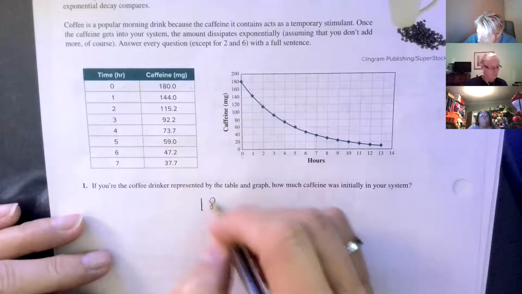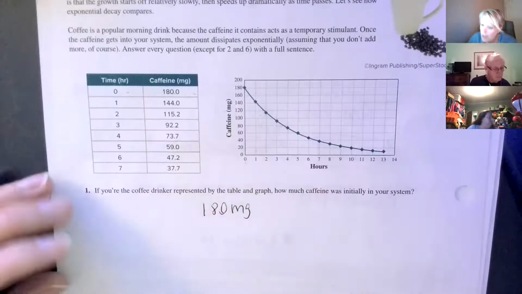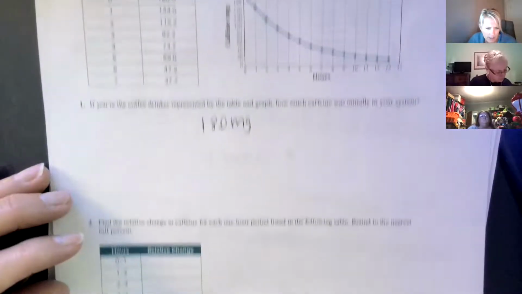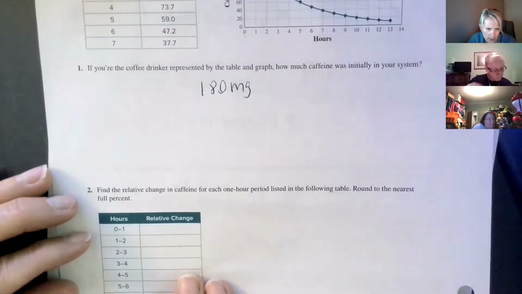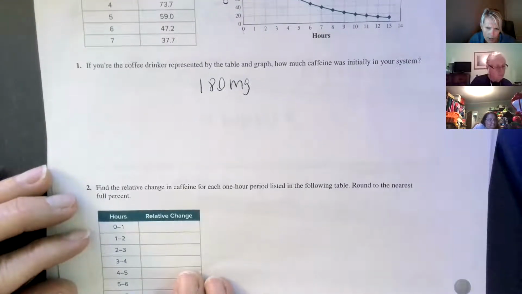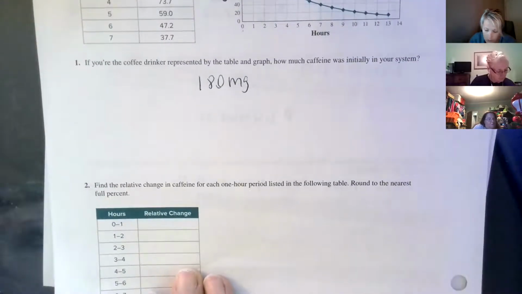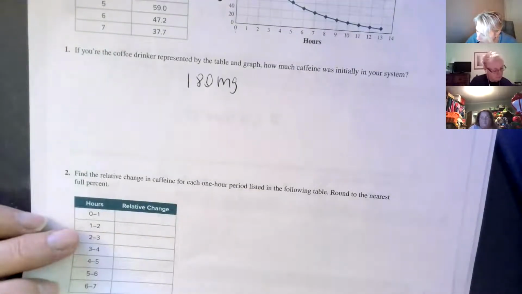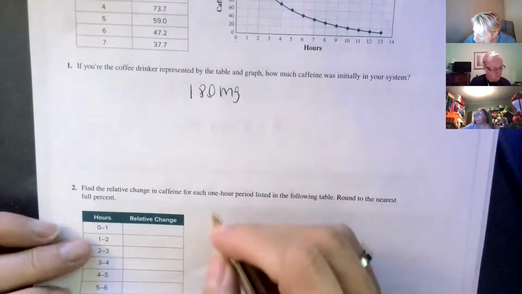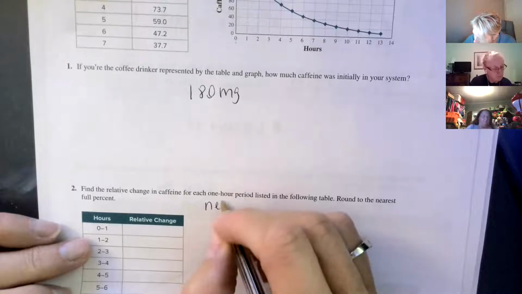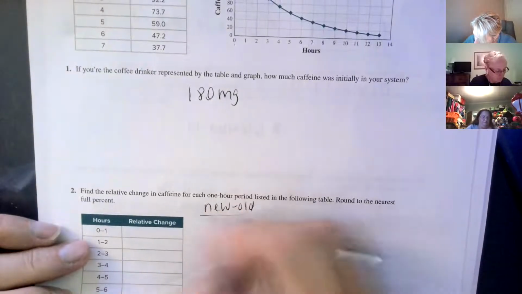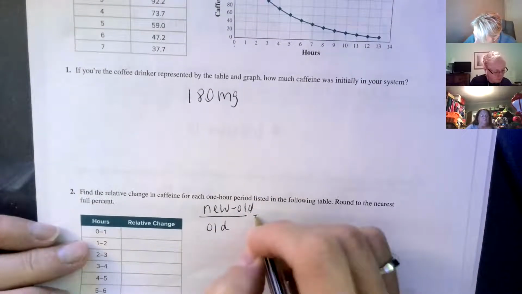So 180 milligrams. And then it says, find the relative change in caffeine for each 1 hour period listed in the following table, round to the nearest full percent. So we did relative change in the last part of the lesson. And relative change is new minus old over old.